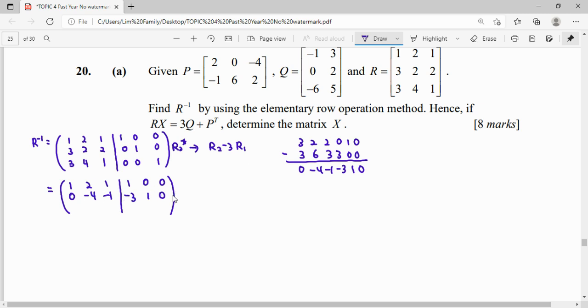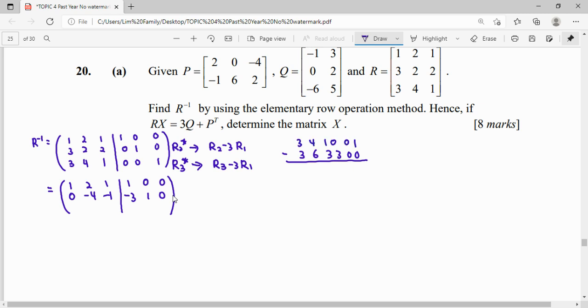Then we'll continue to change row 3. Row 3 will operate with row 1. The value is the same, therefore the operation will be the same. My row 3 will be 3, 4, 1, the entire row.